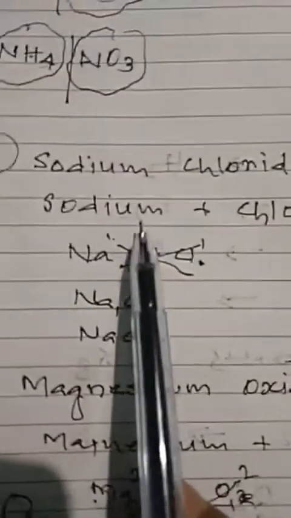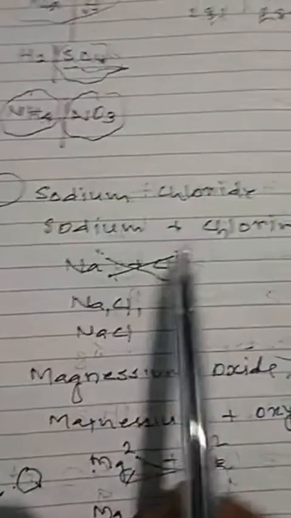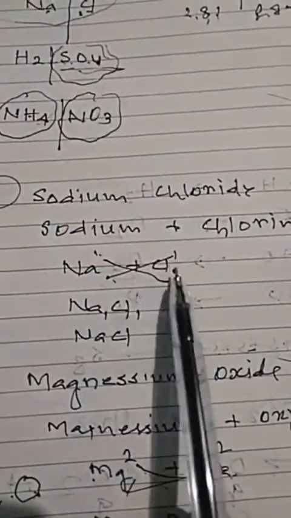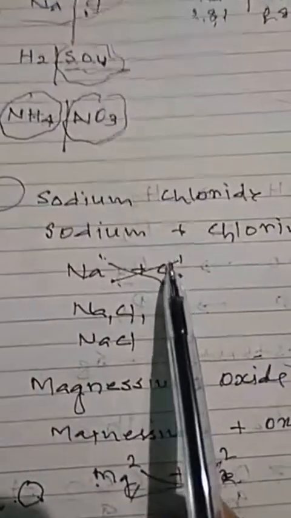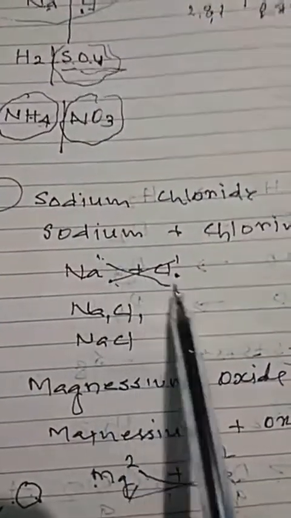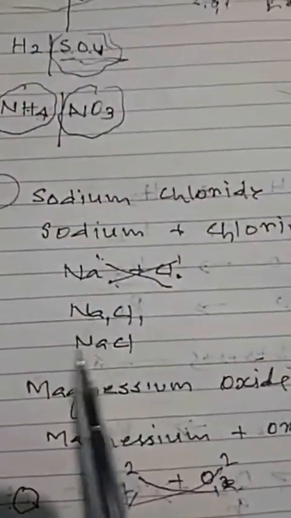Just now we studied how to write the molecular formula. First we write the symbols, then we write the valency at the top of the atoms, then we interchange their valencies, then we get the molecular formula.